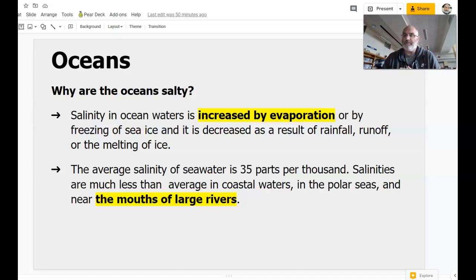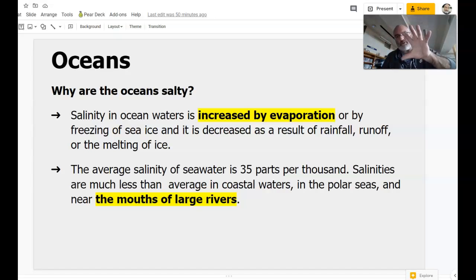That's worth knowing. Now, there are places on Earth where you have a decreased salt content, and a really good example is at the mouth of a large river. If you think about it, it's because at the mouth of a large river, you've got lots of fresh water going into the ocean, and that fresh water doesn't have salt in it yet.